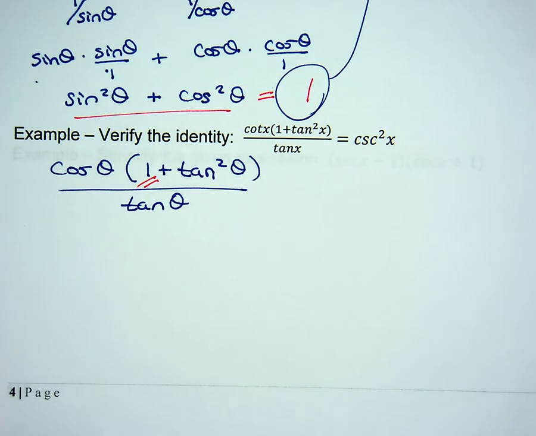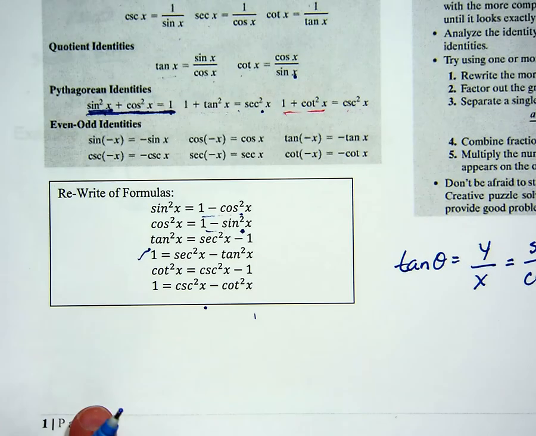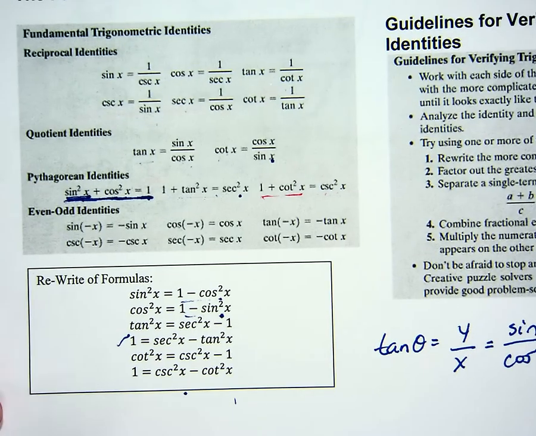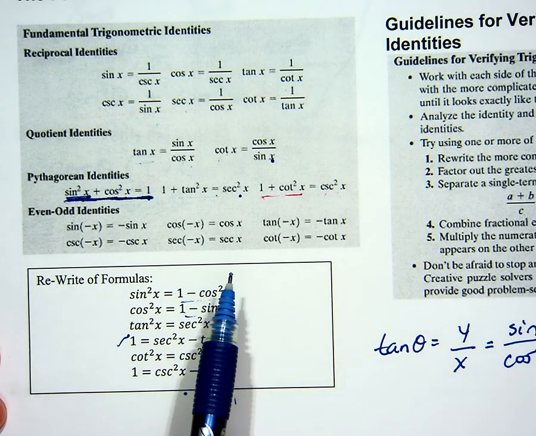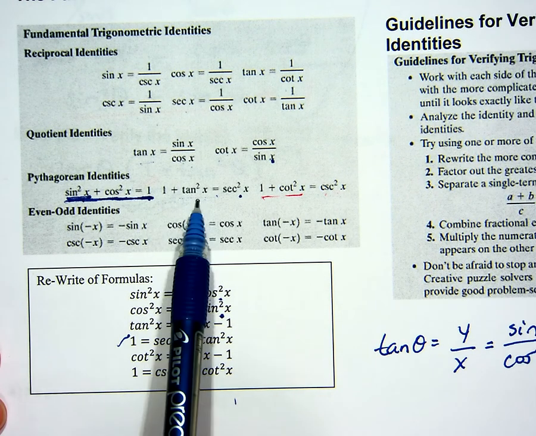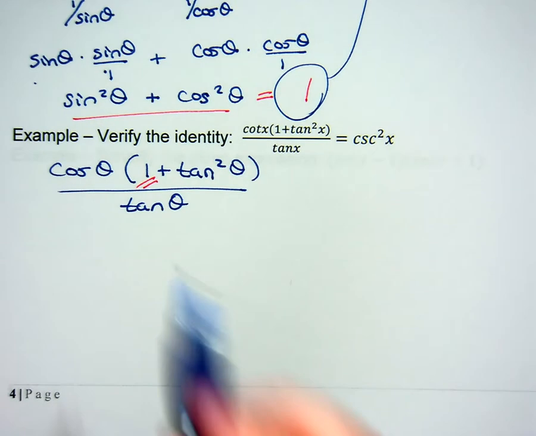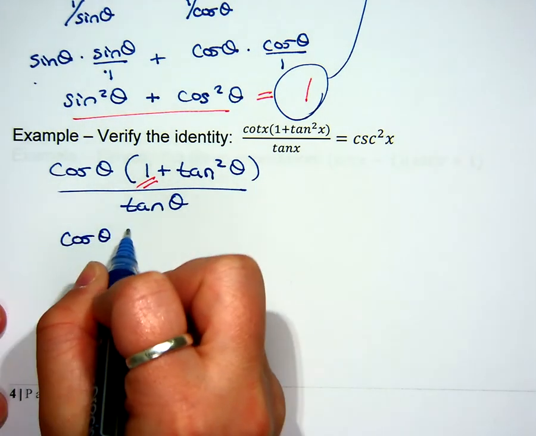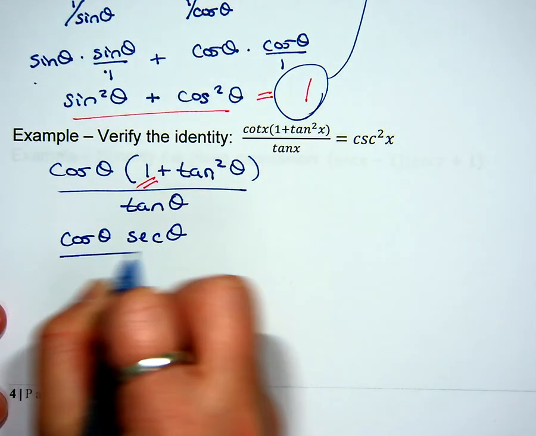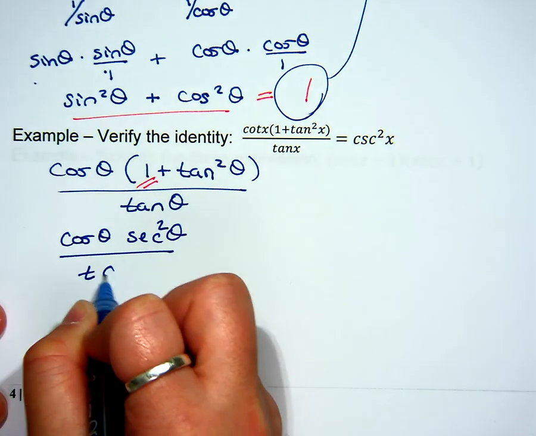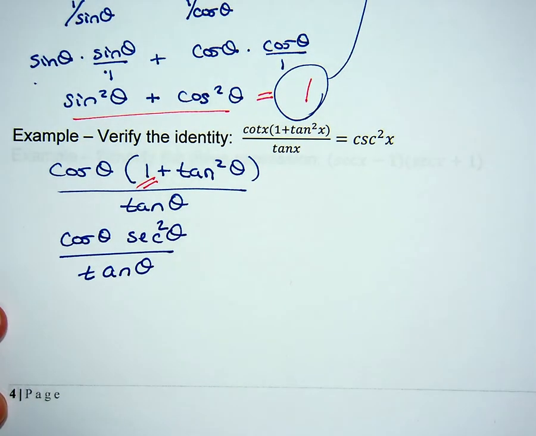Let's see if it's special. 1 plus tangent squared. 1 plus tangent squared is secant squared. So that means I have secant squared.